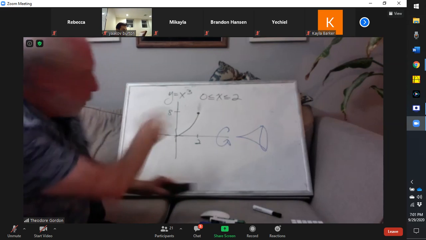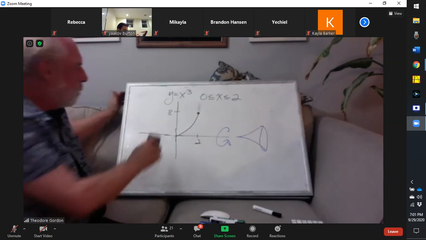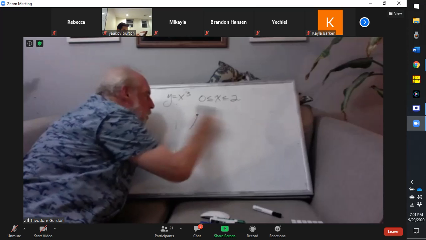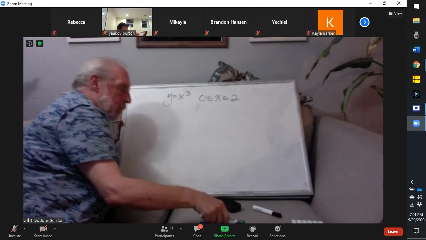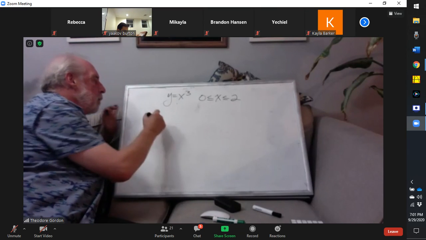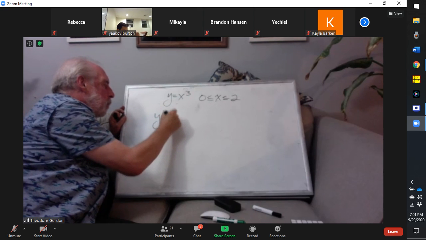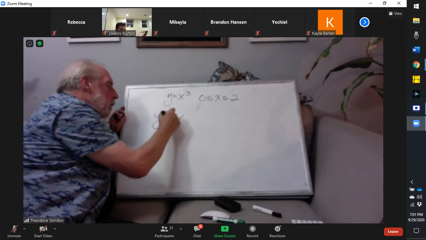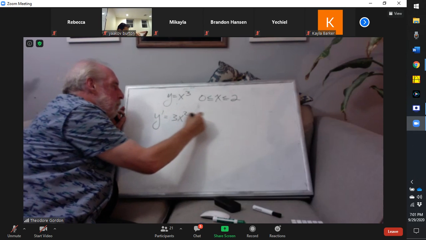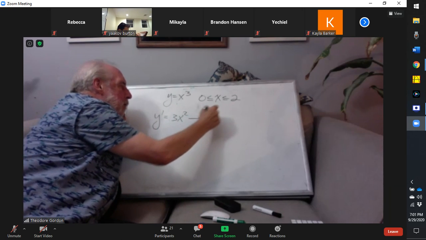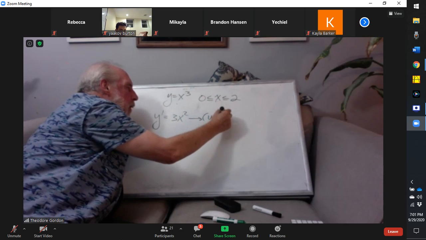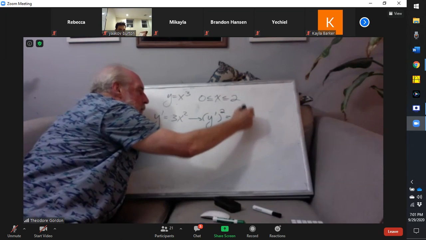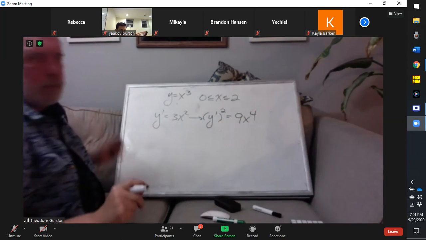So I'm going to take away this drawing because I need some room here. So we need the derivative. The derivative of x cubed is 3x squared. We need to square that derivative, and that will give me 9x to the 4th.